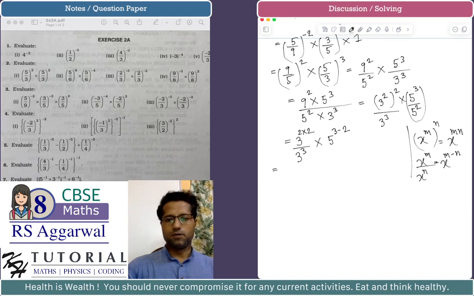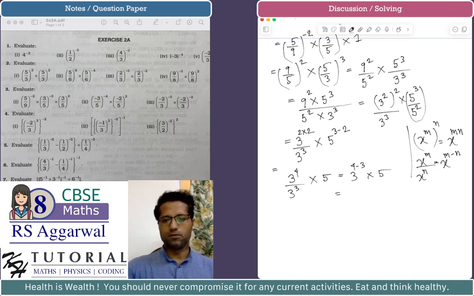Now this is equal to 3 to the power 4 divided by 3 raised to the power 3 multiplied by 5. This is equal to 3 raised to the power 4 minus 3 multiplied by 5. This is equal to 3 into 5, which is 15.